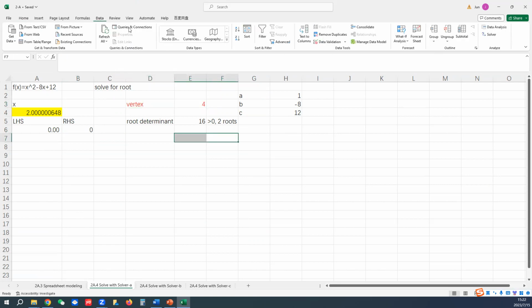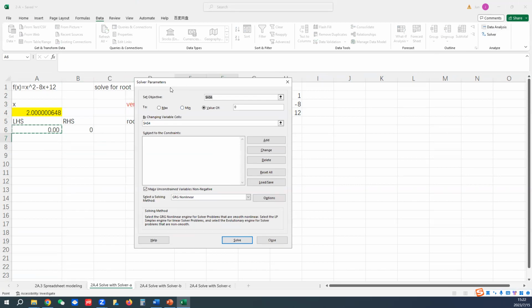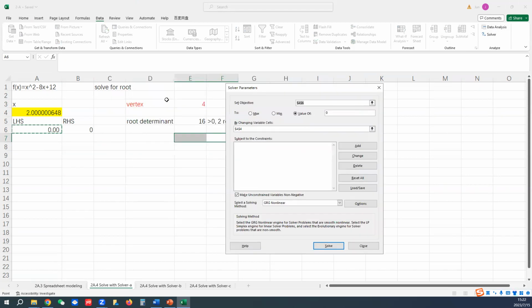So you can tell solver, okay, by imposing a constraint. The vertex is the symmetric axis, right? It's a symmetric pivot. So here we've already found the first root, and then we need to find the second root.